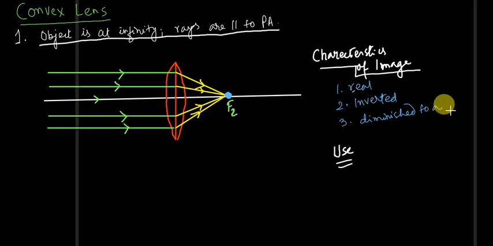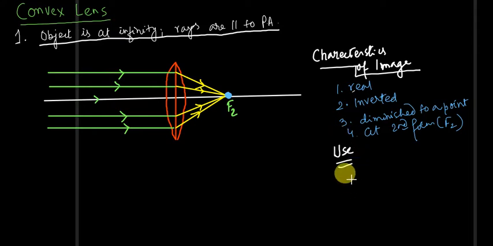Number 4, where the image will be getting formed. Image will be getting formed at second focus or f2. Okay, so these are the 4 characteristics of the image in this case.